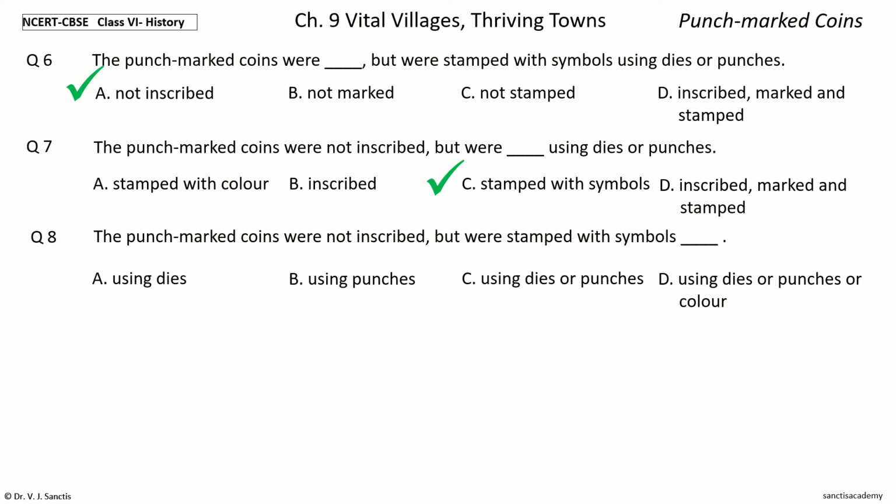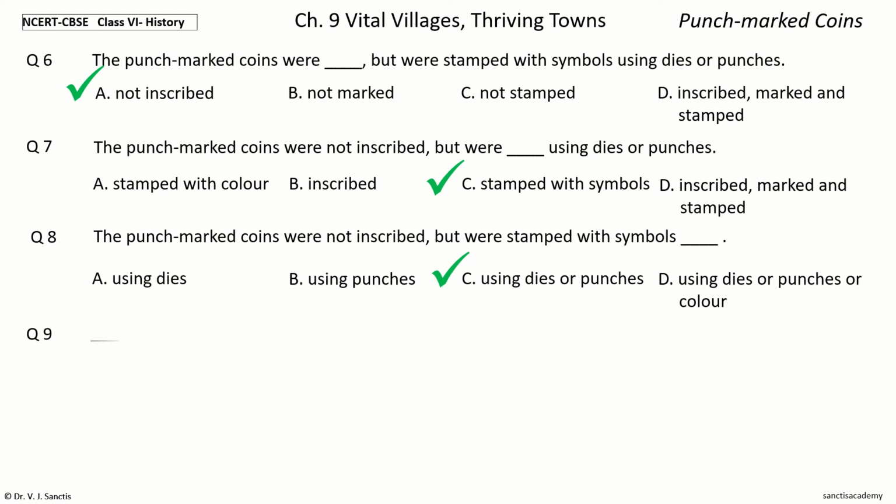Your time to choose. And the answer is using dies or punches. So, the punch-marked coins were not inscribed but were stamped with symbols using dies or punches.